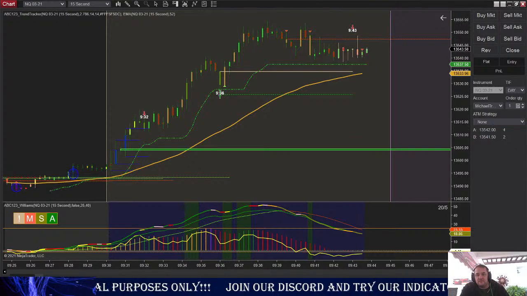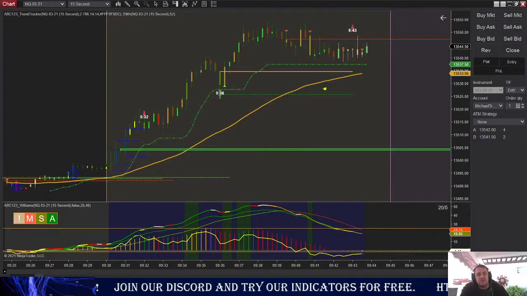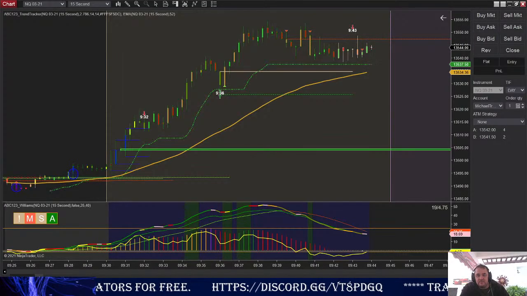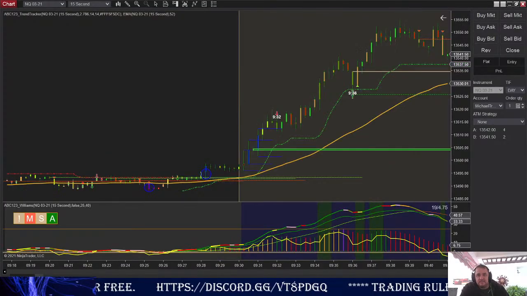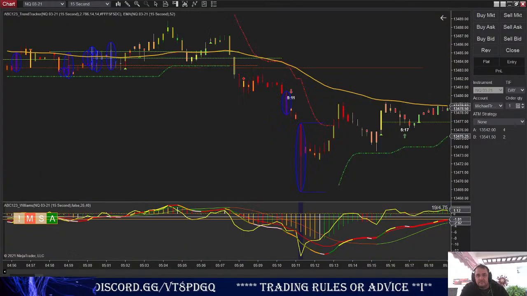Okay. Now, how it works, I'm going to go to yesterday. And I will not use this 15-second chart until after 10. Now, hopefully this thing will slide. These things here.